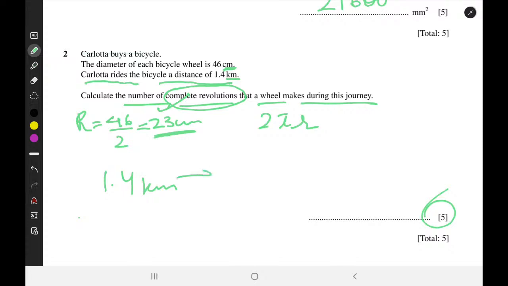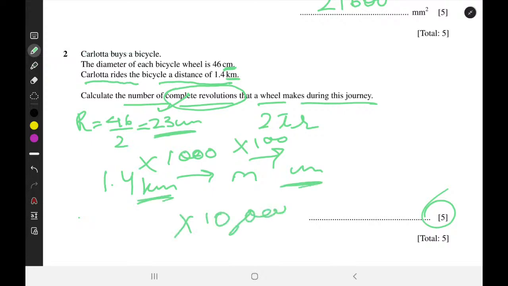Kilometer to meter is multiplied by 1000, and meter to centimeter is multiplied by 100. So what will be the conversion from kilometer to centimeter? It is going to be multiplied by 10,000. Okay. So let's remove this.